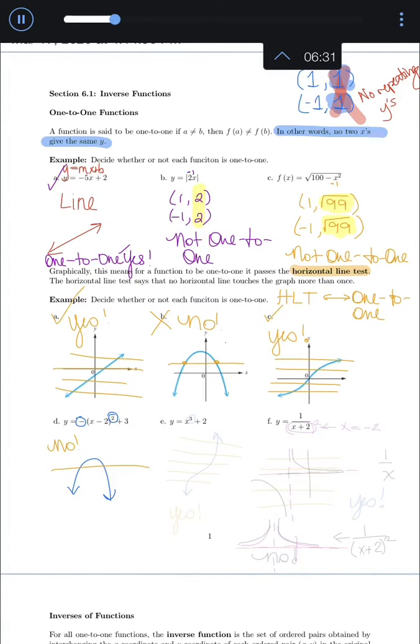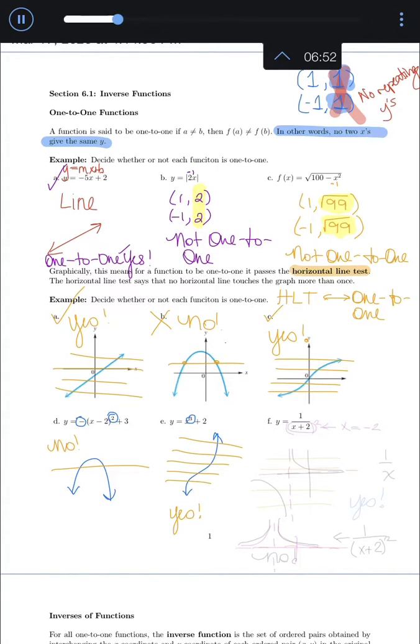The next graph, E, has a cubed. Remember, the x cubed graph looks something like this. So what does that mean? Any horizontal line's only going to hit it once. So yes, it is going to be one-to-one according to the horizontal line test.